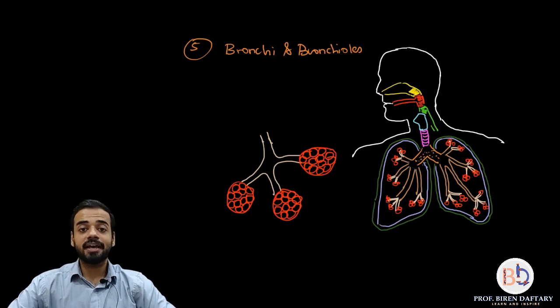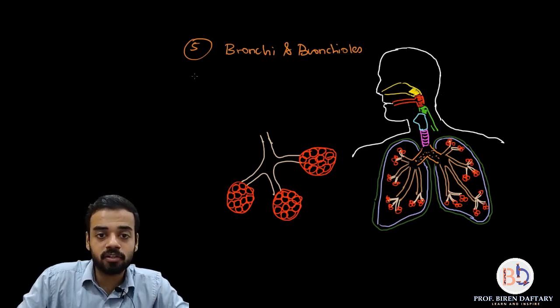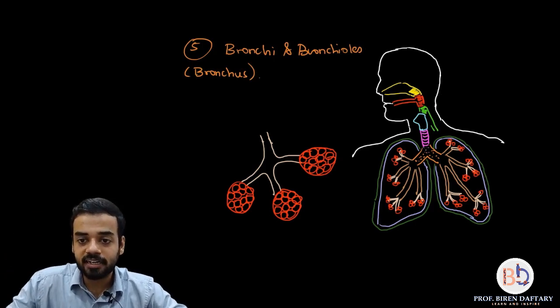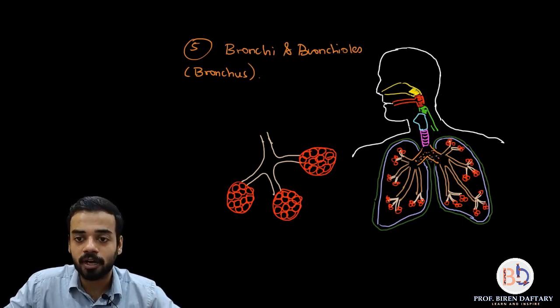Bronchi is a plural word. The singular of that word is bronchus, B-R-O-N-C-H-U-S. So bronchus is single, bronchi is plural. The trachea divides into two parts, each part is called a bronchus, and both together are called bronchi.